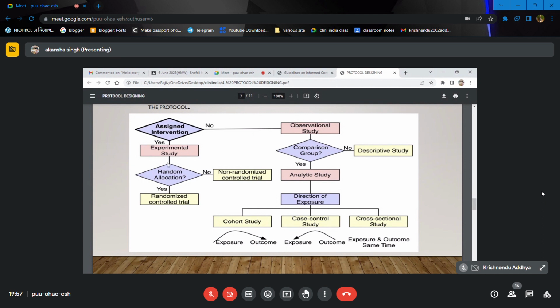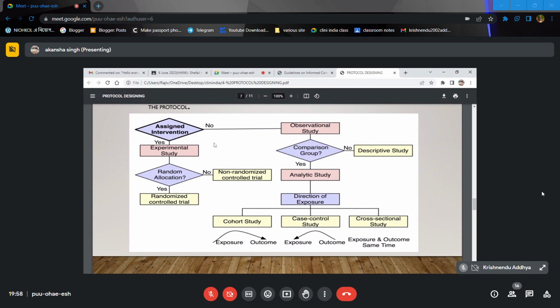Based upon your disease condition, you have random allocation. If you have a larger population, you will do the randomization and then you will have different designs. We'll study that in the next class. If it is no, then you have to do a non-randomized control trial, which means you give a sample to the subject and analyze the outcome.